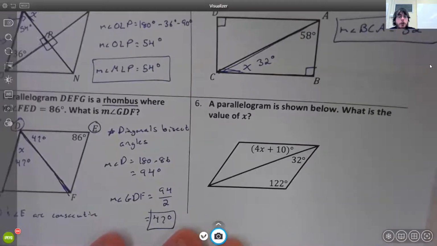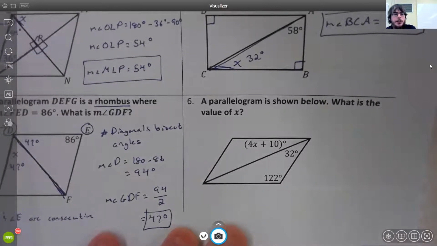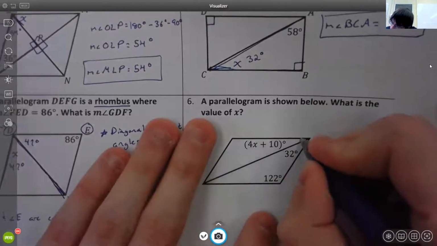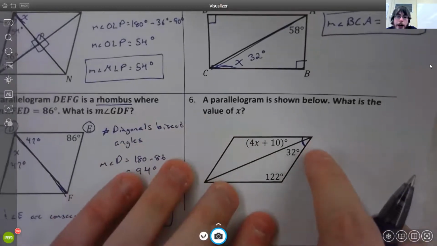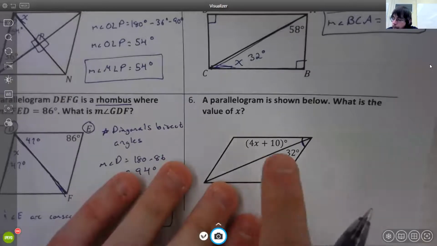Now there are a couple different ways you could go about this, and they both pretty much involve the same steps, okay? So you know that these two angles are part of this whole angle.